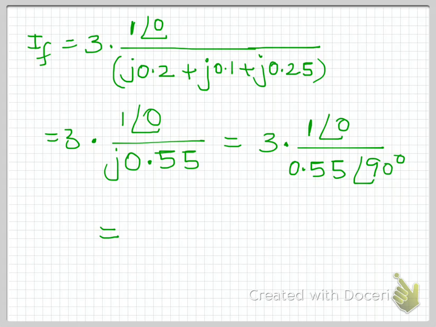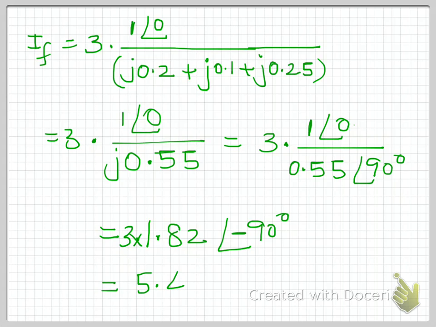Right, and that brings you 3 times 1.82, and for the angle, 0 minus 90 will bring you minus 90 degrees. Now 3 times 1.82 is 5.45 angle minus 90 degrees per unit. So this is your fault current.